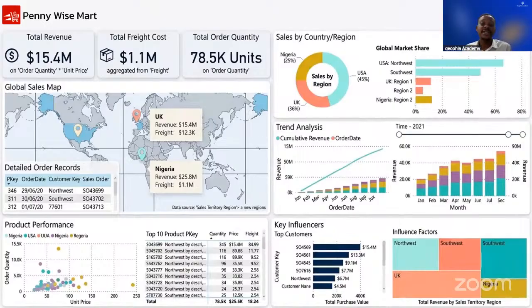So this, ladies and gentlemen, is just a quick introduction to data analytics and how all of these things can be carried out using these simple tools, applying these different analytics paths.